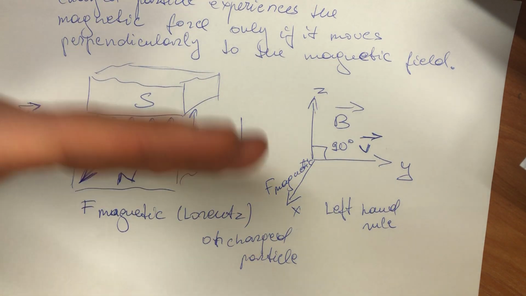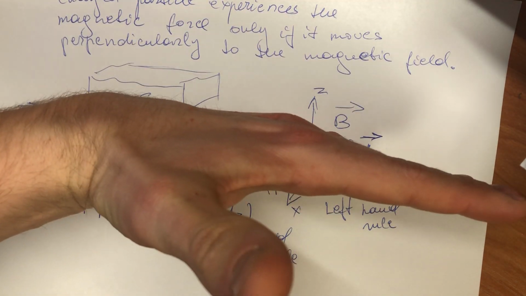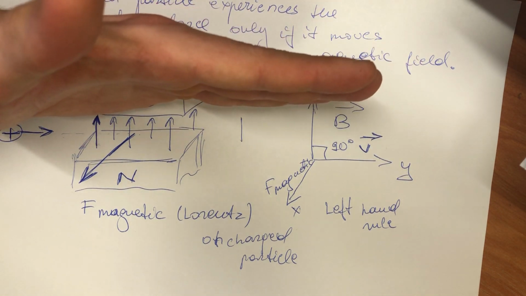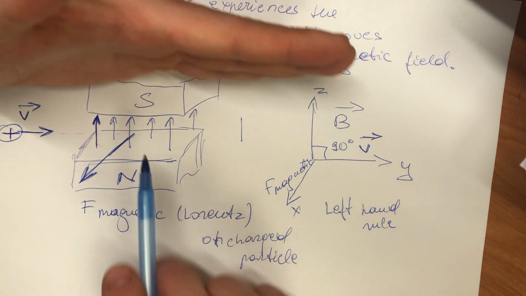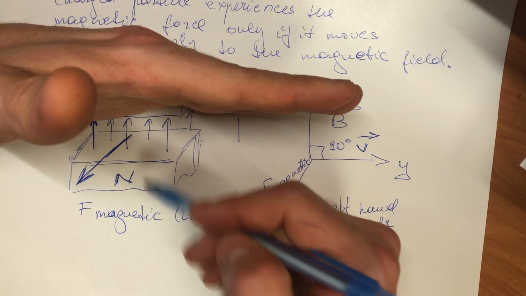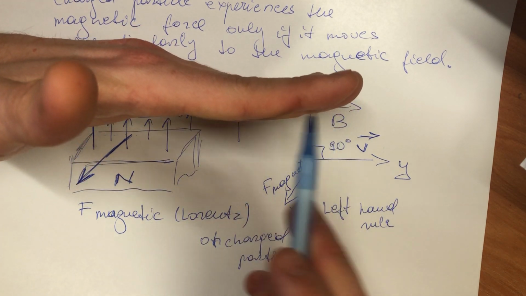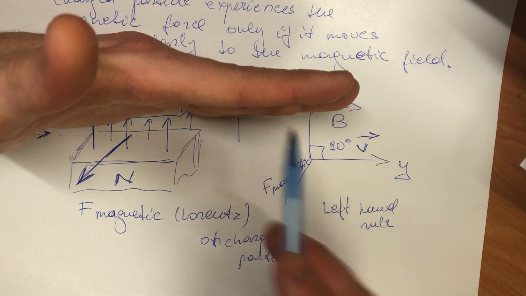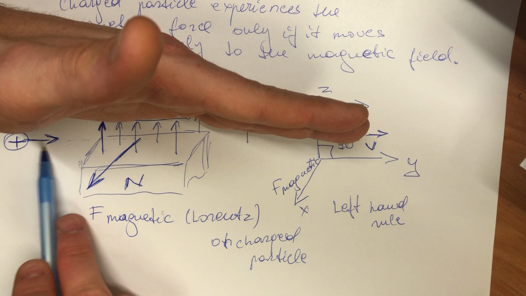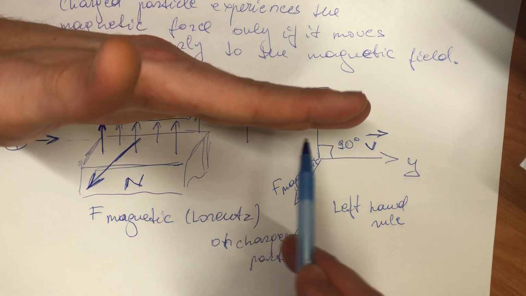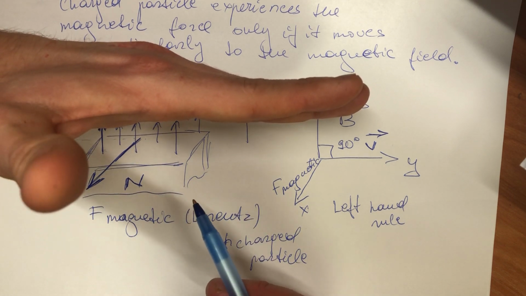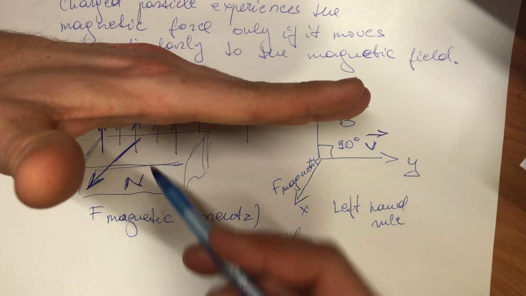So left hand rule, if I have my left hand, I put it so the lines of the B field come to my palm, like this. See, the lines are going to my palm. All these fingers, except the thumb, show the direction of particle velocity, and the thumb shows the direction where the magnetic force acts.